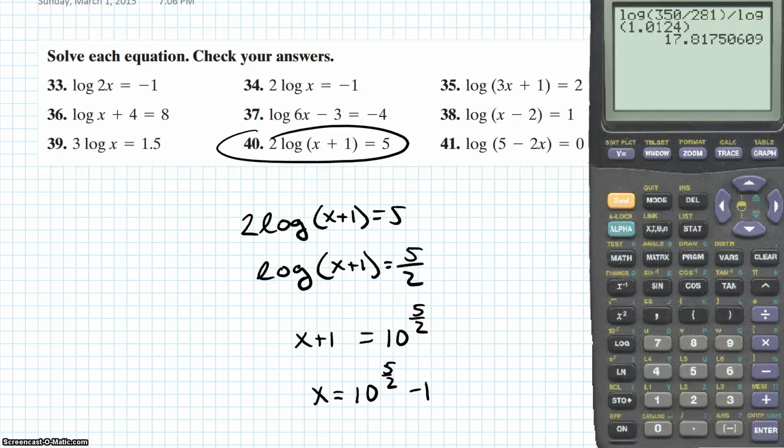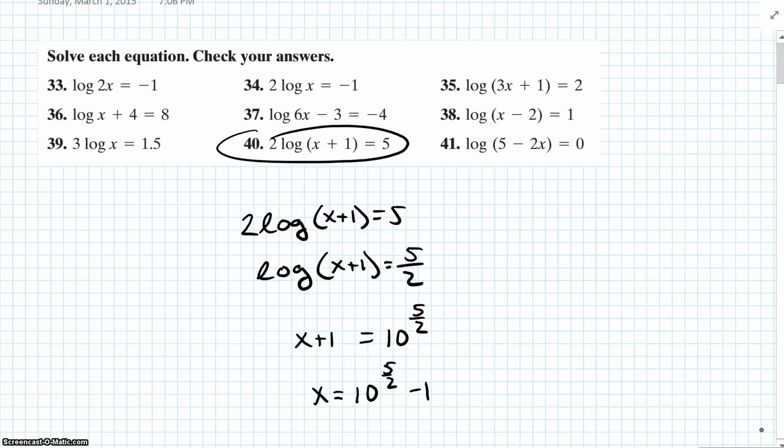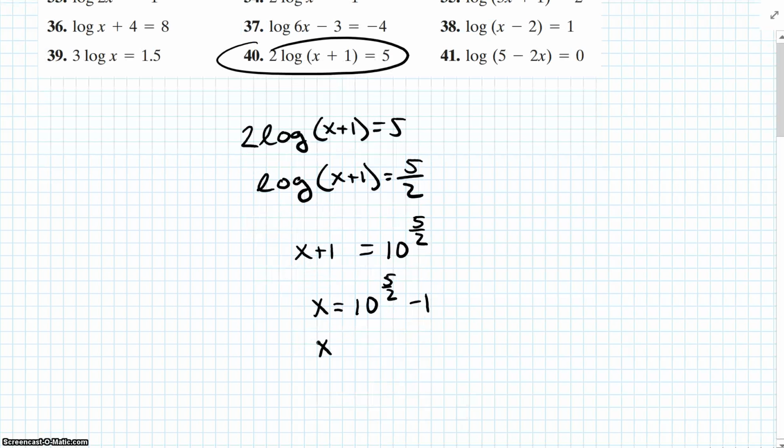So let's just plug that one in our calculator. 10 raised to the 5 divided by 2, enter, minus 1, 315.22. So x equals 315.22.